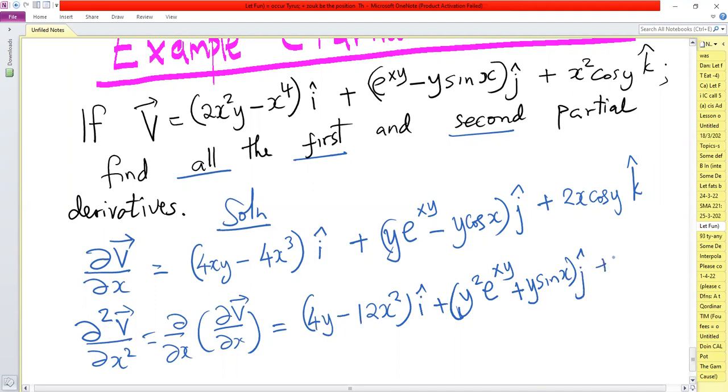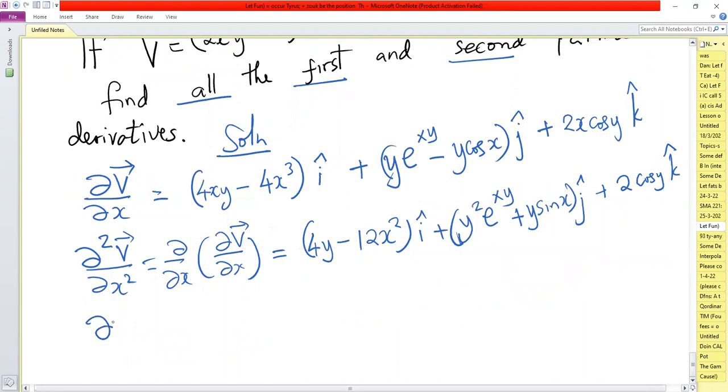And now we get 2 cos of y k. So the second partial derivative of that vector with respect to variable x is (4y minus 12x squared) i plus (y squared e raised to xy plus y sine x) j, and then plus 2 cosine of y k.